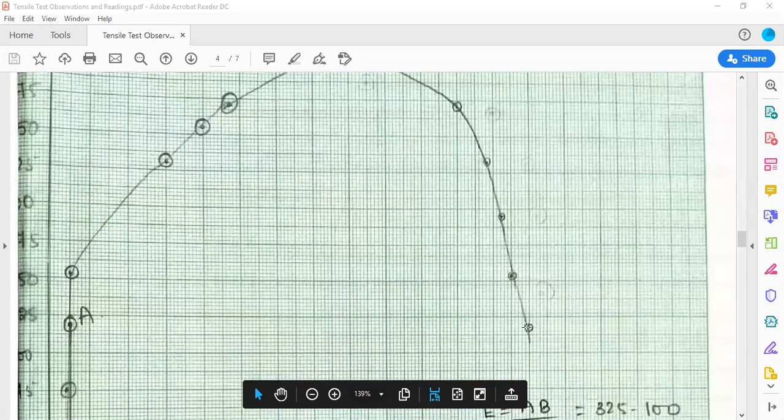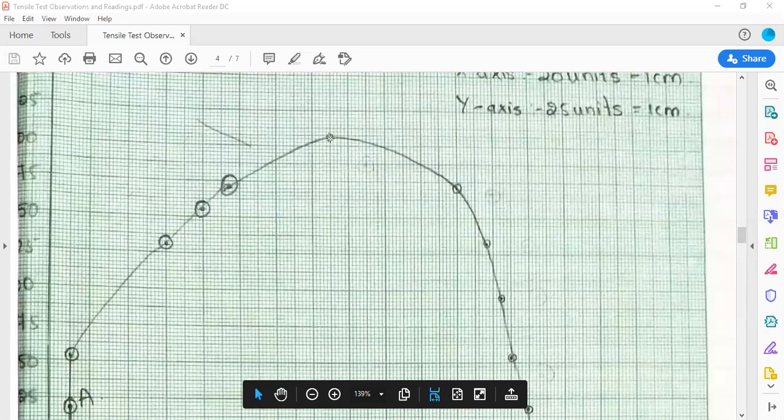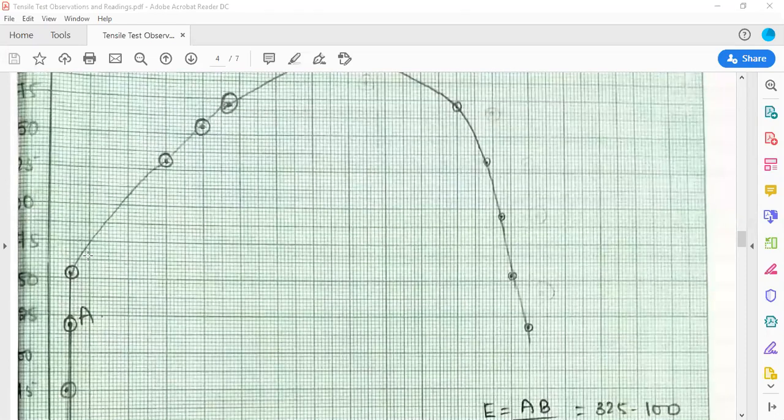This is the point at which the specimen breaks into two pieces, and this is the maximum stress which a specimen is going to withstand. Actually, in this, we are not getting a proper upper and lower yield point. The seniors have not taken the reading properly. If you take the reading properly, you will get the upper as well as lower yield point.